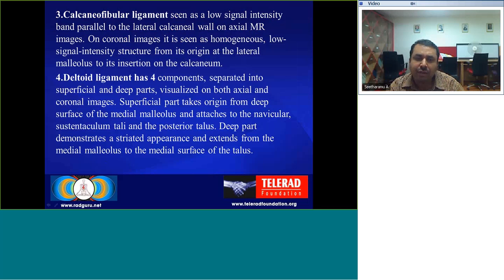The superficial part takes origin from the medial malleolus and attaches to the navicular, sustentaculum tali and the posterior talus. The deeper part has a more striated appearance, again because of the presence of fat between the fascicles, and extends from the medial malleolus to the medial surface of the talus.